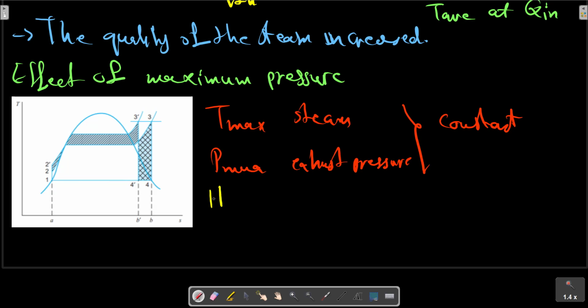T max, heat rejected Q out, steam, and P max, with the exhaust pressure constant, G prime 4 prime. The heat rejected decreases by the area of B prime 4 prime 4 B prime, this area.